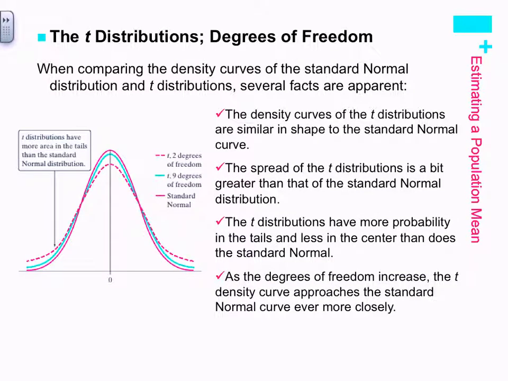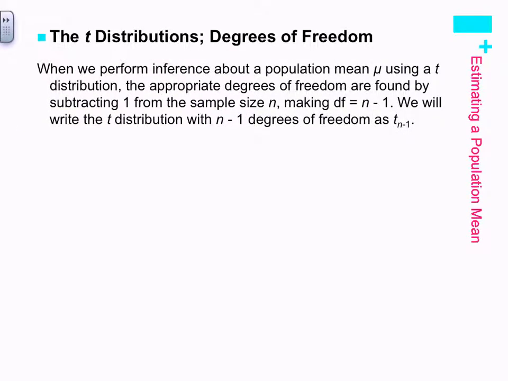They are going to be found by taking your sample size and subtracting 1 from it. Okay, we will write the t-distribution with n minus 1 degrees of freedom as t sub n minus 1 for short. This is shorthand.